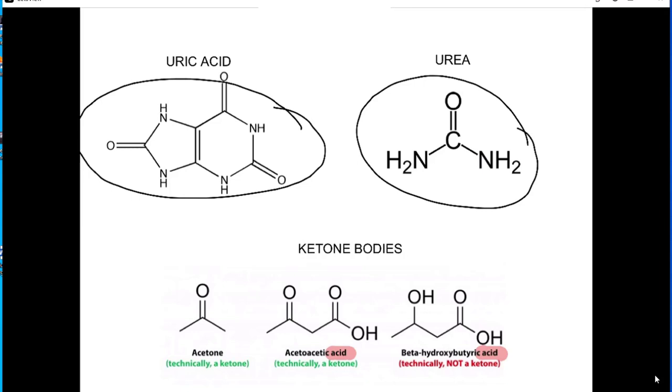So what I would like to do now is actually talk a little bit more about acidosis, something that was mentioned briefly when talking about Lab 20 and the acid-base balance of the blood. And now we're going to bring in ketone bodies into that discussion.